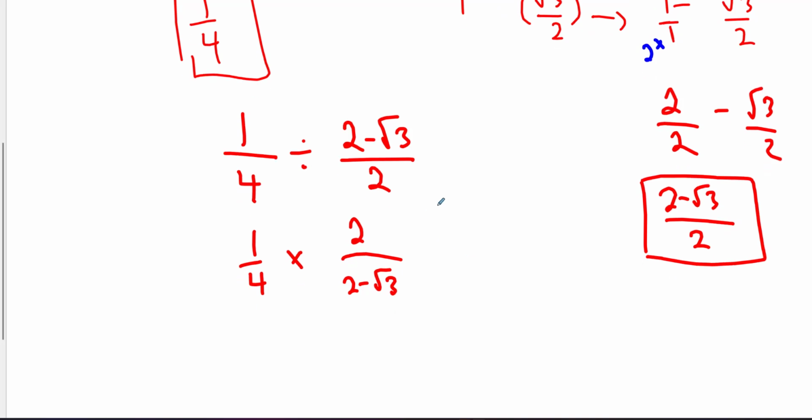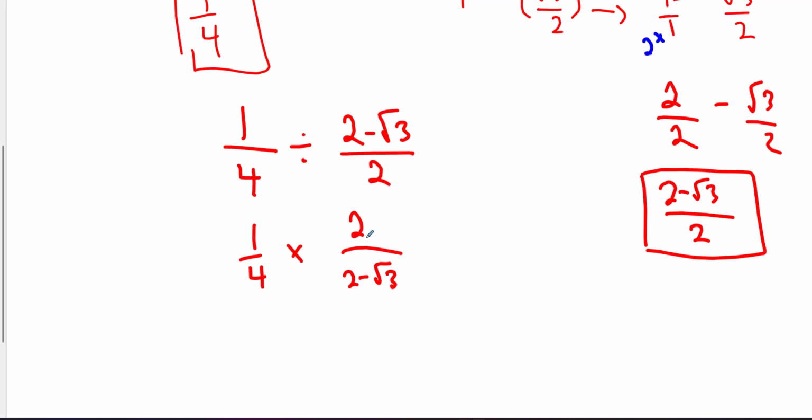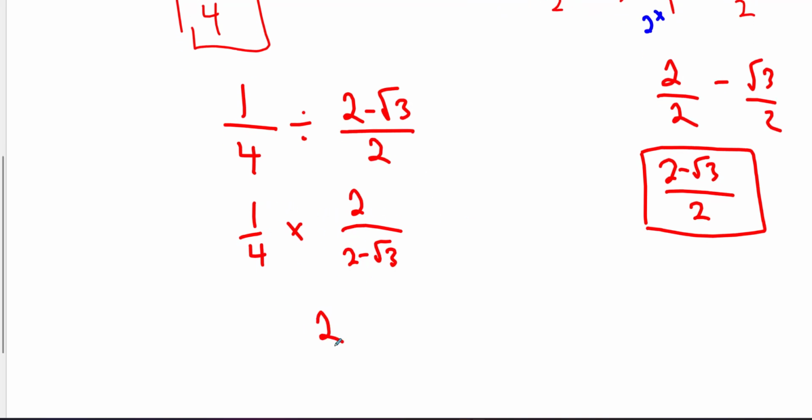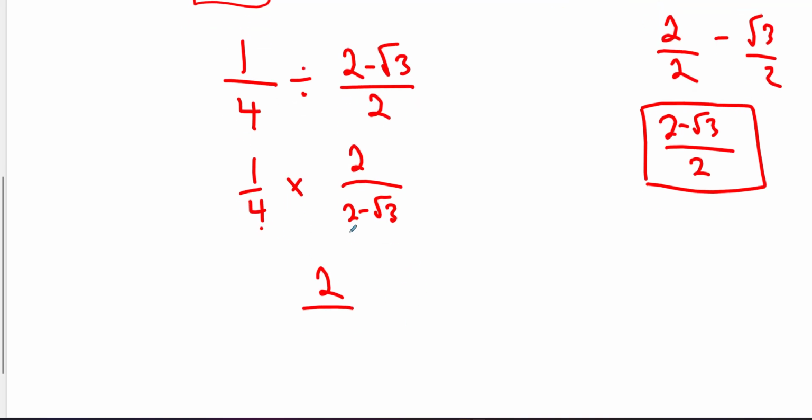So now I have 1 times 2, which is 2 over 4 times 2. But wait, before I do that, I know that I can simplify fractions if there's common factors. So I know that this can become a 1 and this can become a 2, because I can factor out the 2 from both the 4 and the 2.